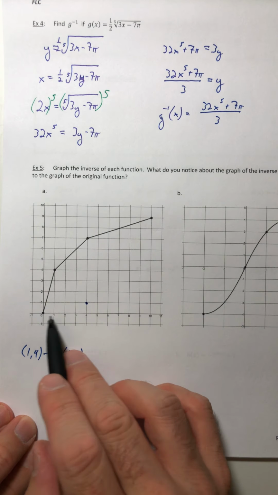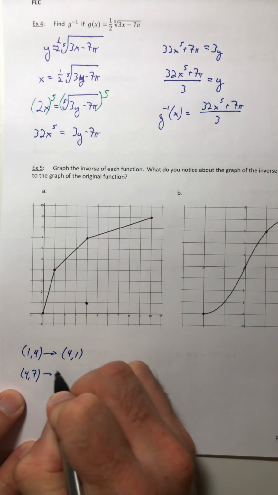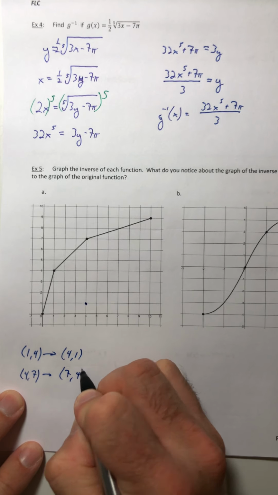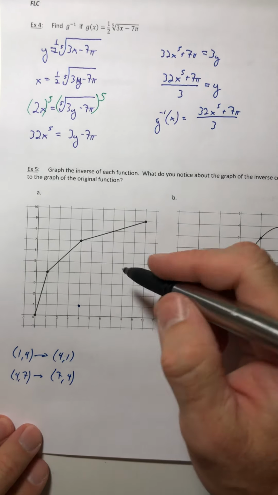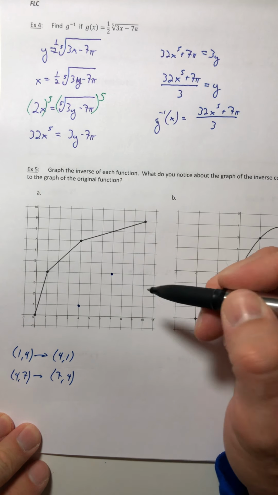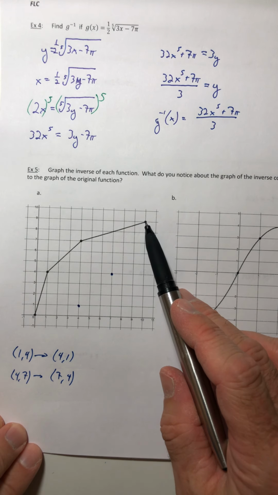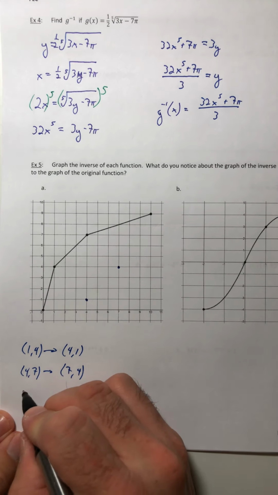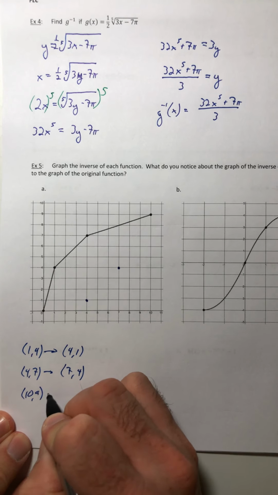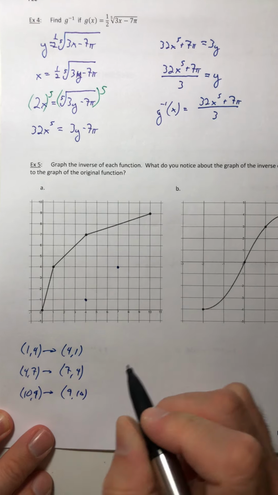Okay, your next point was 4, 7. So that's going to flip to 7, 4. And then your last point, which is 10, 9, we'll switch that to be 9, 10.